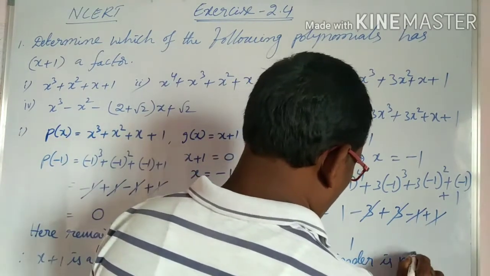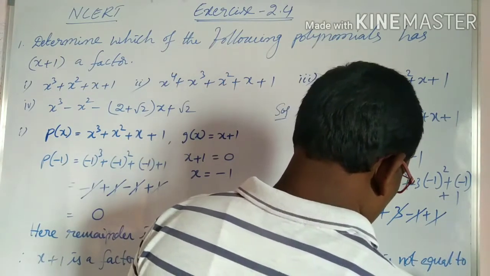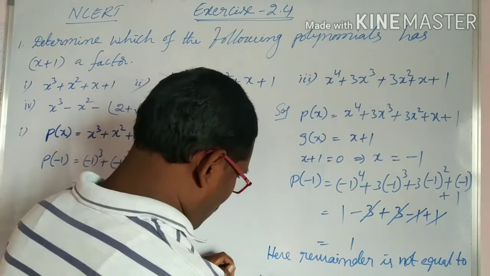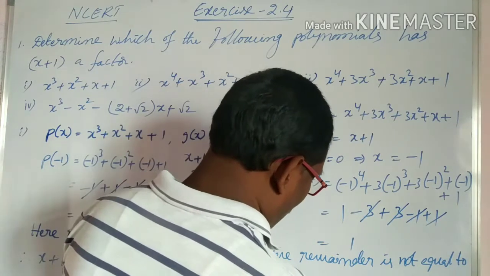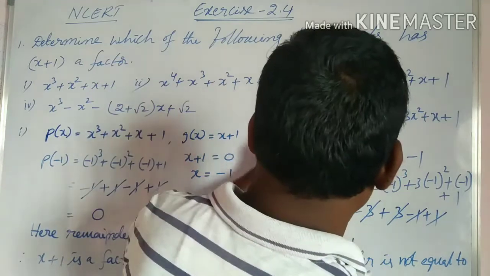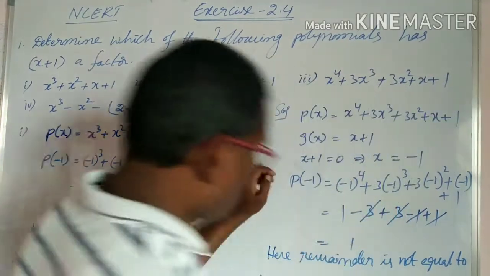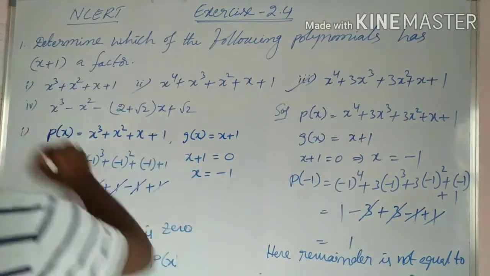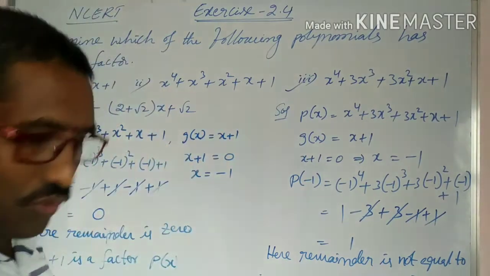Therefore x plus 1 is not a factor of this polynomial p of x. No problem. So that is the first question, and the third question I explained. First and third question explained, the remaining second and fourth you try. Okay, please make a note.